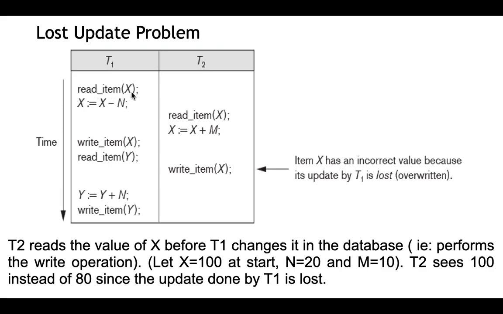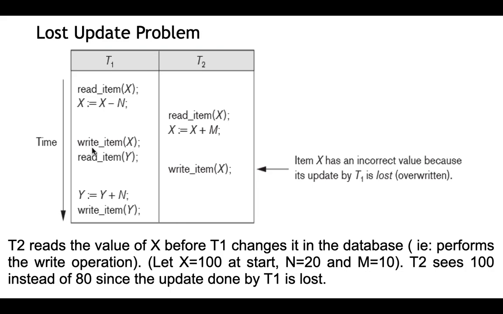Now read item X means item X is read, X equal to X minus n, so 100 minus 20 is done. Recall, this is just an equation. 100 minus 20, 80. X doesn't become 80 at this step. When does X become 80? It only becomes 80 when write item X is executed.